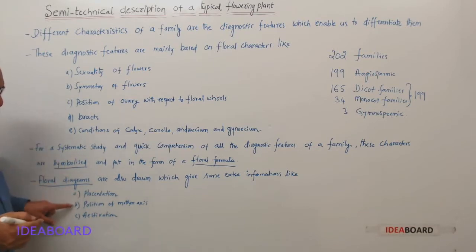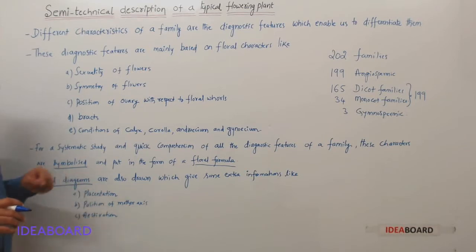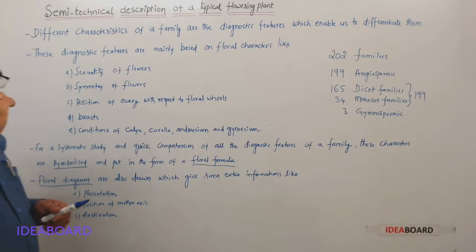And the position of mother axis, which we discussed in the flower. The flower has a posterior side and an anterior side, and which petal is towards the posterior side and which petal is towards the anterior side, all that will be represented in the floral diagrams. So the position of mother axis and aestivation.